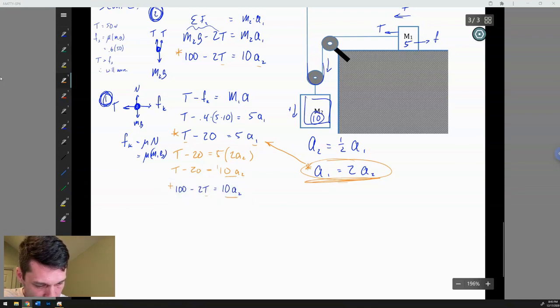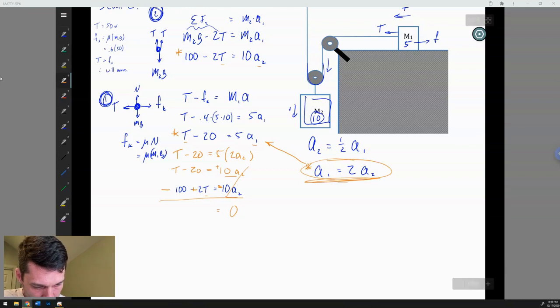But I've got positive and positive, so what I'm going to do is basically just subtract this entire line, subtract that whole thing. So if I distribute the minus in, I get minus 100. Oh, no. Plus 2t minus 10a2. So if I follow through this, I get 10a2 minus 10a2, so that's 0.